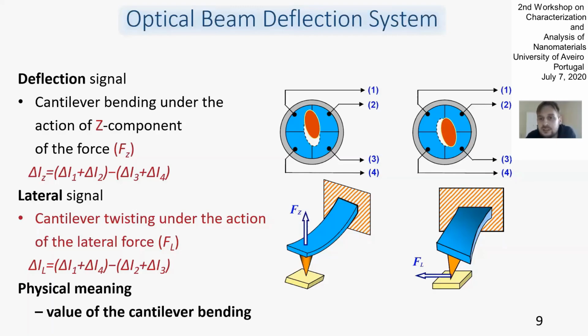It means we have separate registration in each section of the photodiode, and we can precisely say how much the spot moves in any direction on the photodiode. The physical meaning of this motion of the spot is the value of the cantilever bending, which we'll talk about after.